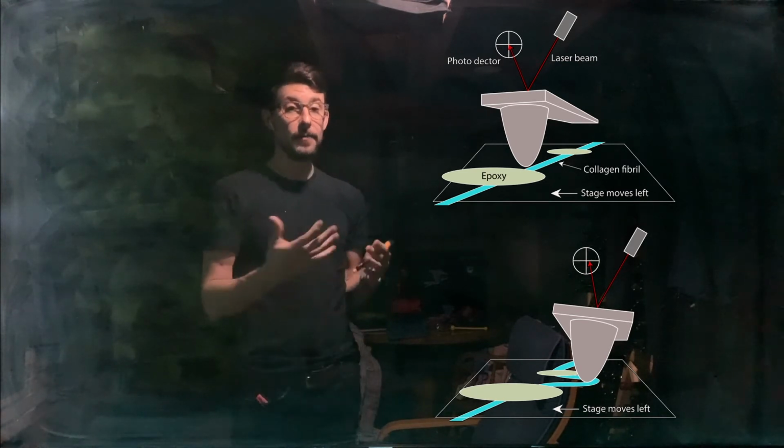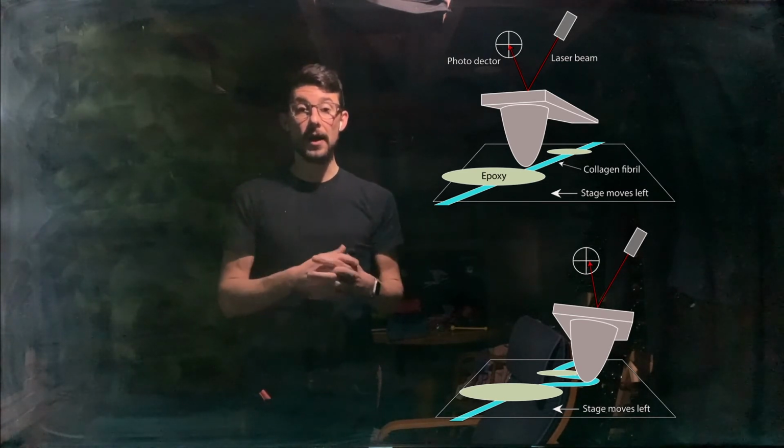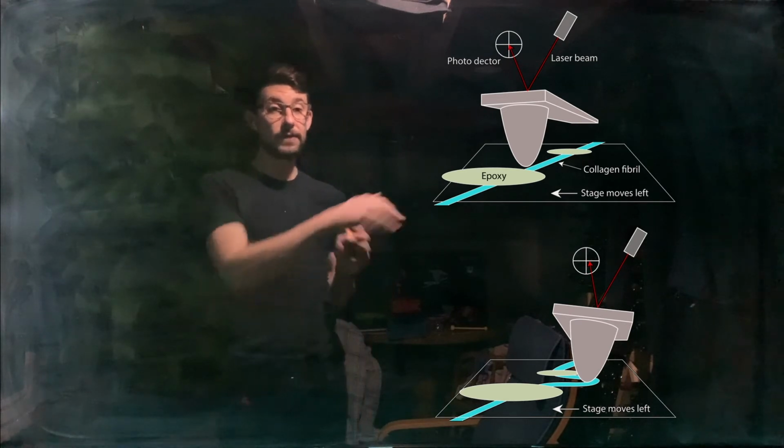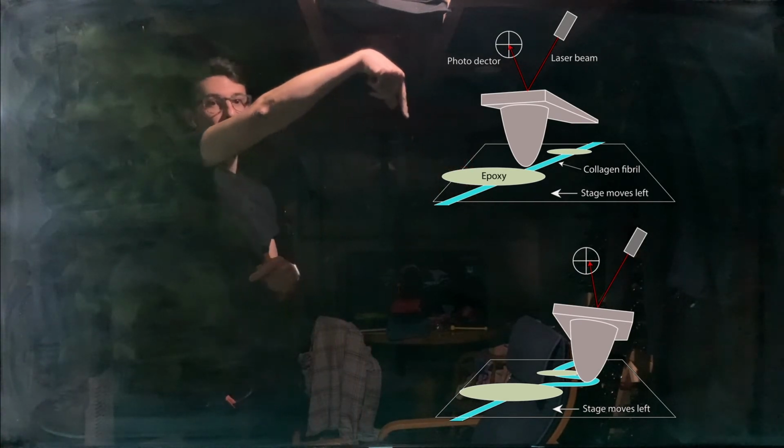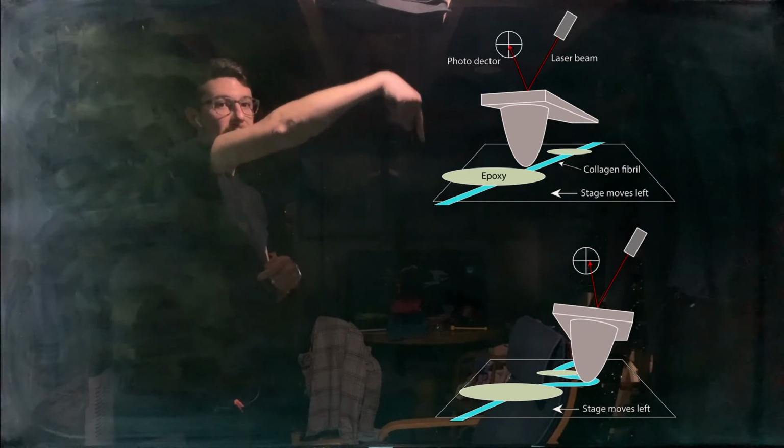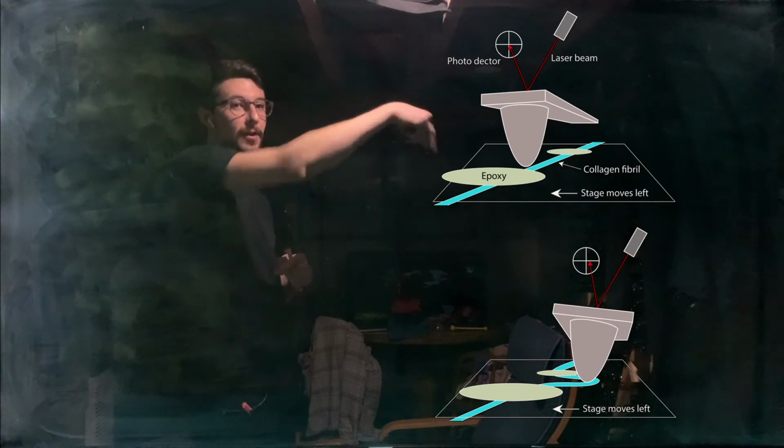So an AFM is generally used to image very small things, and it consists of a cantilever with a tip on the end, and you go around poking things.